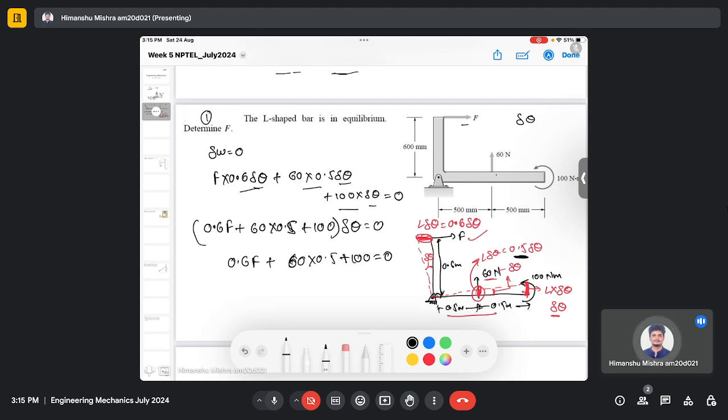This should be minus, because you can see that here the displacement is opposite to the direction of the force. The displacement is from right to left and the force is from left to right. So the work done will be negative here. So this is negative work done.